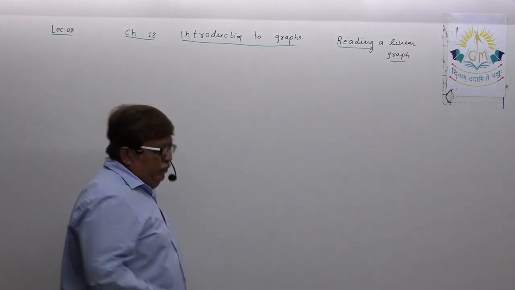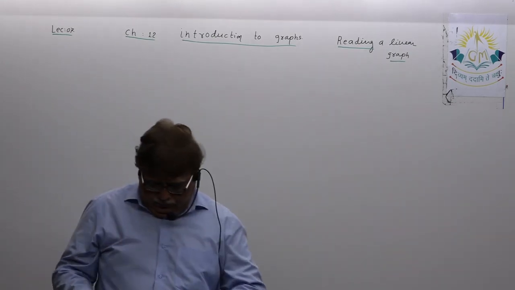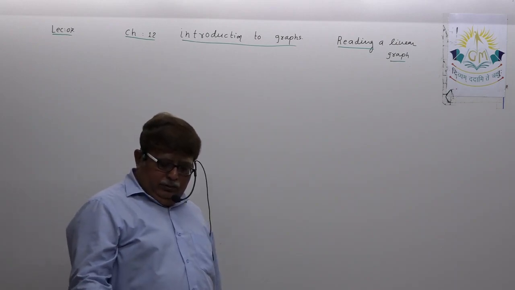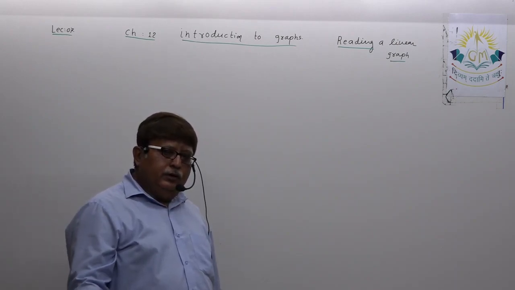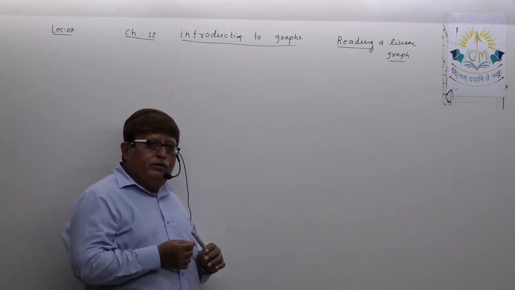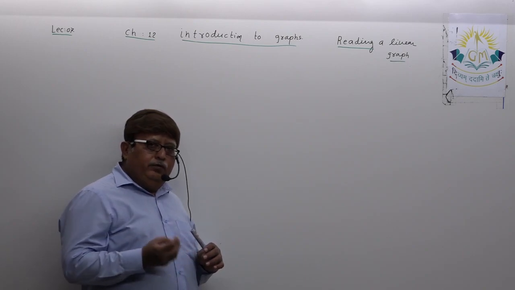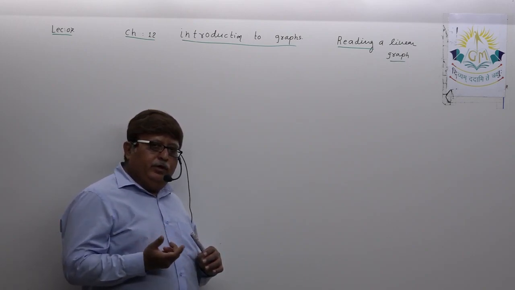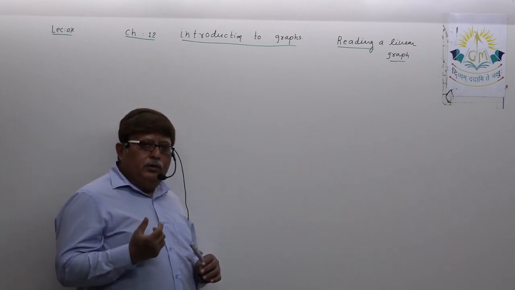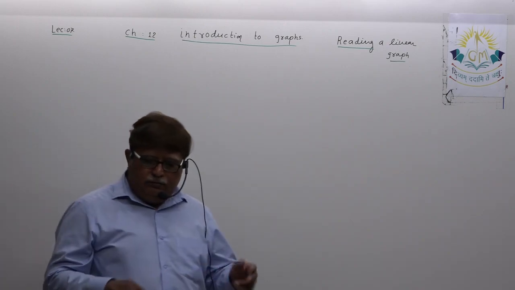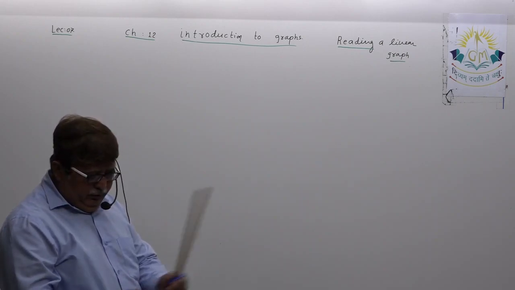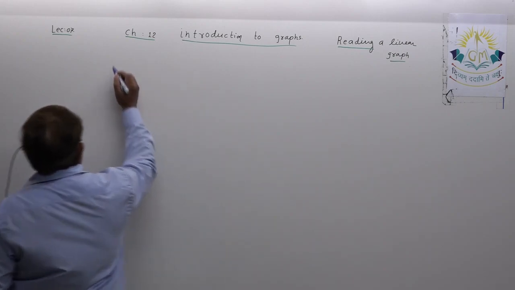For this purpose, dear student, we simply have to draw one graph today, and from the given graph which we will draw here, a few questions will be asked, and we have to develop the skill of answering those questions from the given graph. Understood?